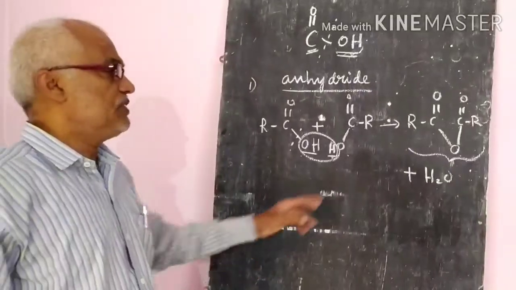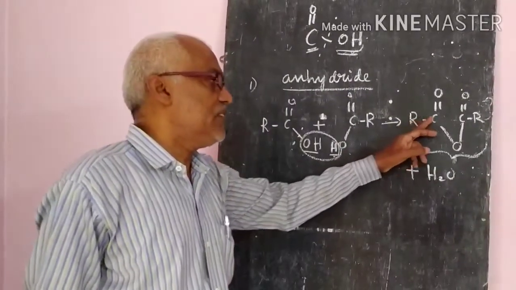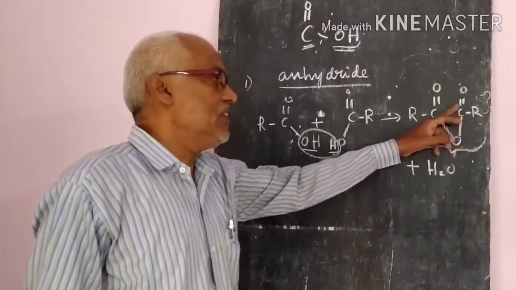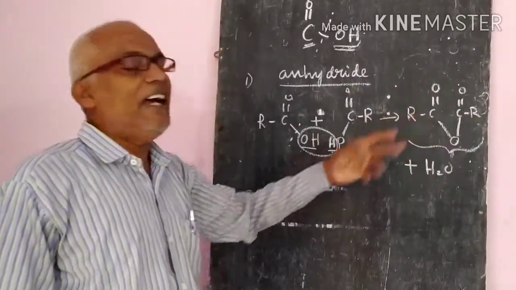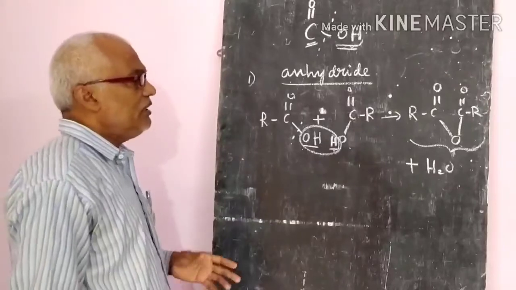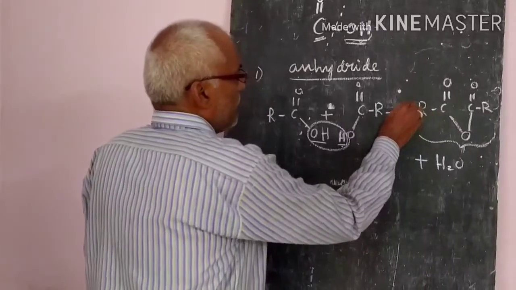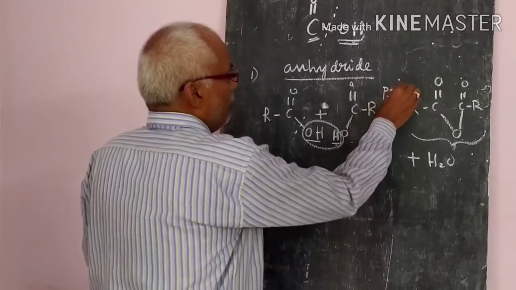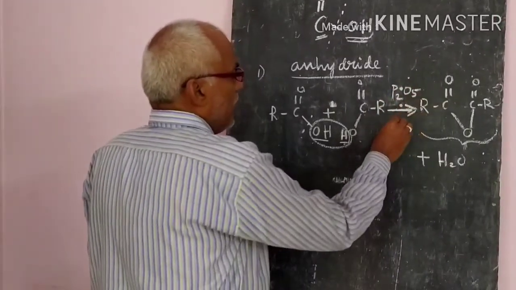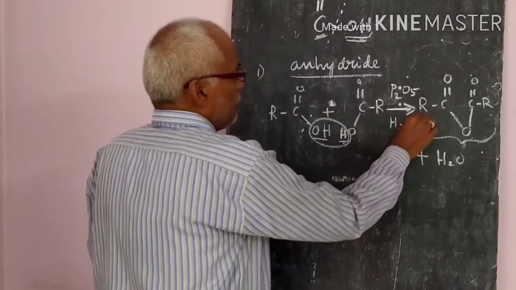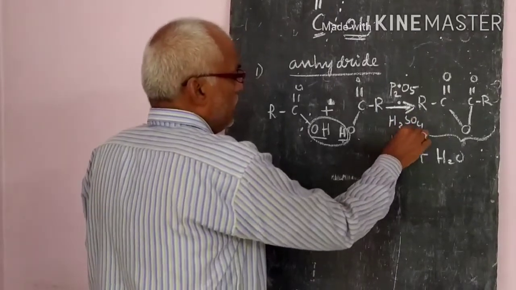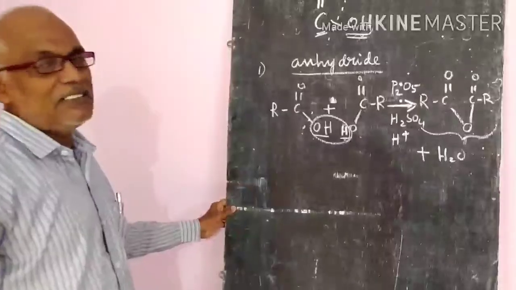Suppose CH3 is there: CH3 C double bond O, CH3 C double bond O, that is acetic anhydride. But this reaction takes place in the presence of P2O5, that is phosphorus pentoxide, or H2SO4, which are strong acids.